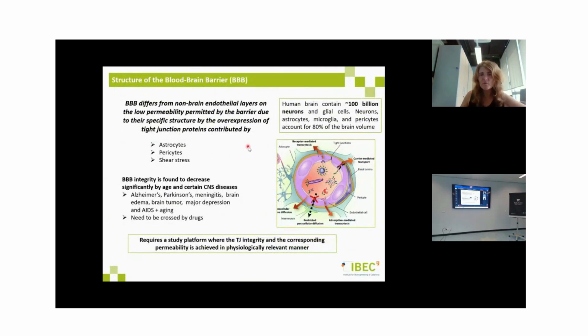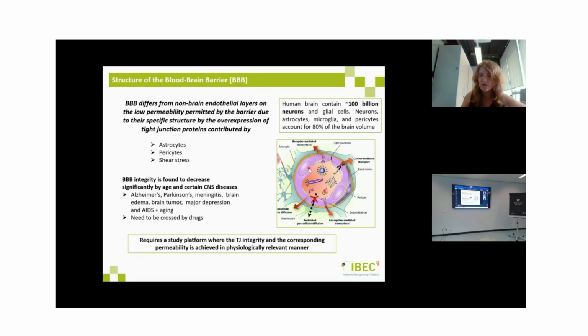So looking in more detail at this blood-brain barrier, this complex network of vessels, we look at the cellular structure of this blood-brain barrier. We can find endothelial cells here in purple, making the structure of the vessel, this circular vessel.